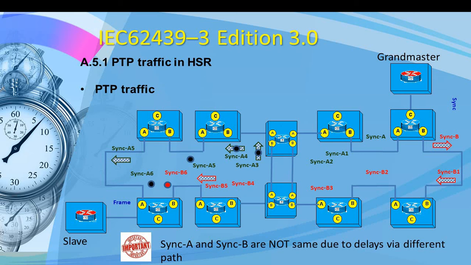Here's how the PTP traffic goes from the grandmaster to the slave. The grandmaster sends out a sync message.